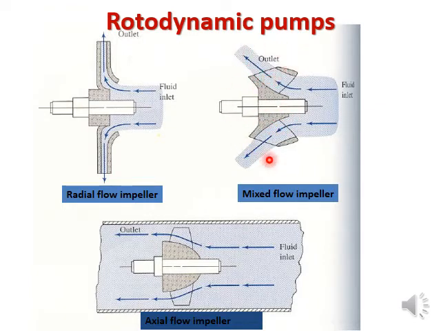So their flow pattern depends on the design. So they are called mixed flow type impellers. So most of the modern turbines are of this mixed flow type in order to harness the energy at maximum efficiency. So there are reaction type turbines and reaction type pumps. So we will see those in detail now.